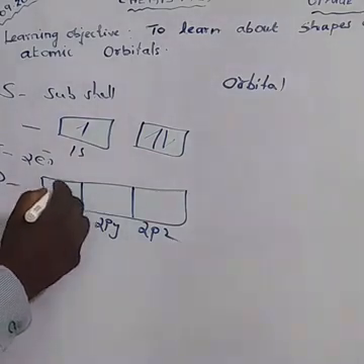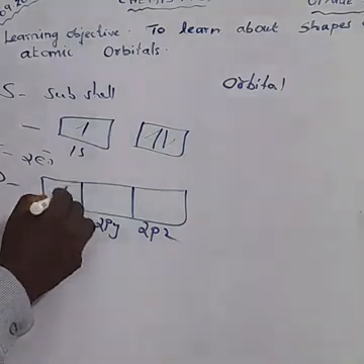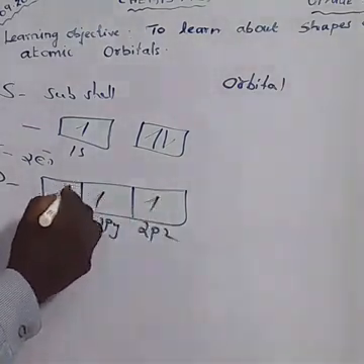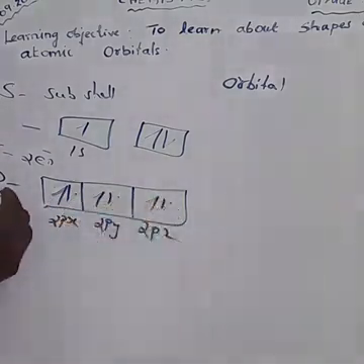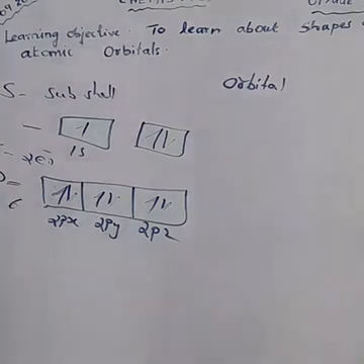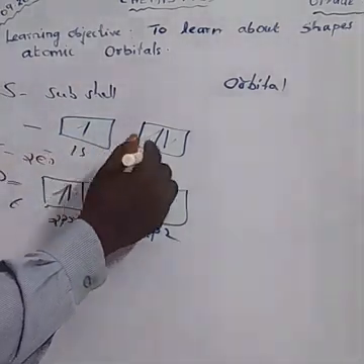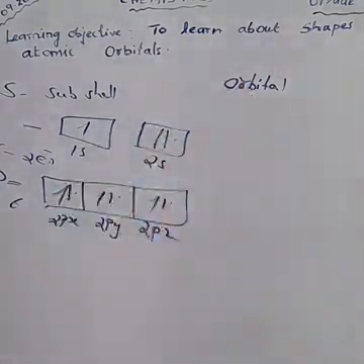For example, the total electron is 6. 1, 2, 3, 4, that only pair. 5, 6. So like that, in the p subshell we can accommodate 6 electrons. Like 1s, 2s, 3s, like that.